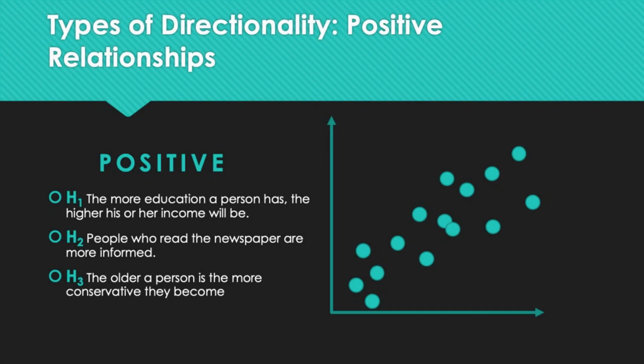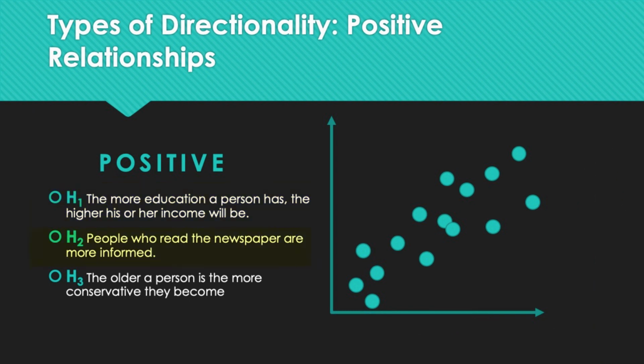So here's some examples of positive relationships. The more education a person has, the higher his or her income will be. So as education increases, that's the independent variable, it has an impact on his or her income. Education increases, so does income.